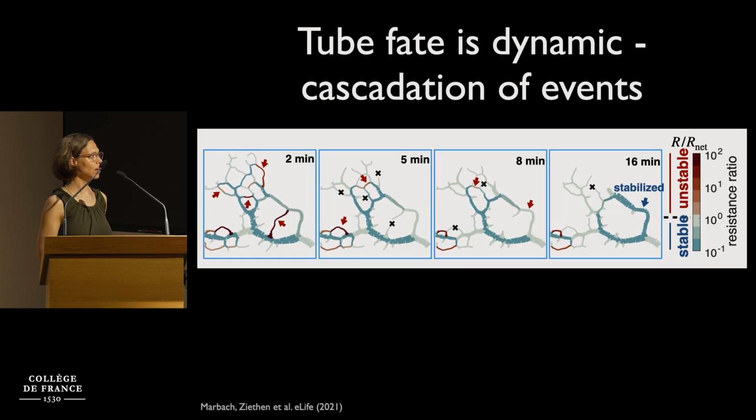And so now, taking that, we can actually follow the dynamics in this subset of the network. What we're doing here is mapping out the resistance of a vein over R net, the R over R net. If it's red, it should prune away, and if it's blue, it will stay.